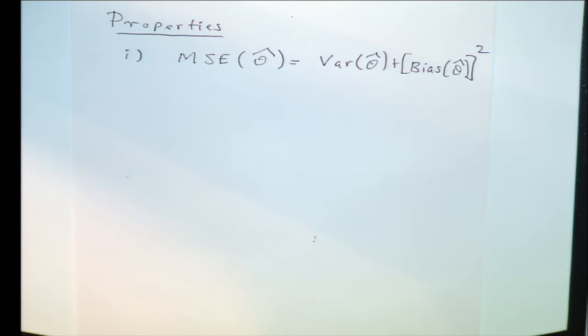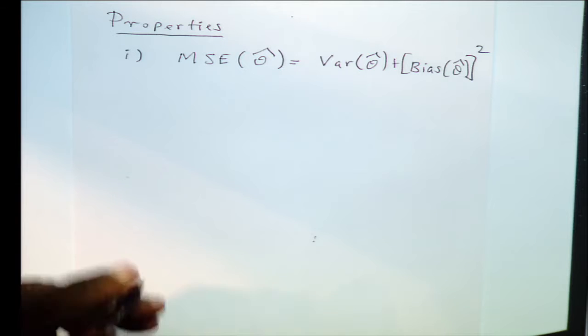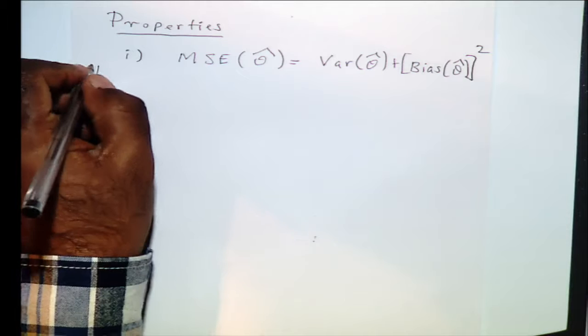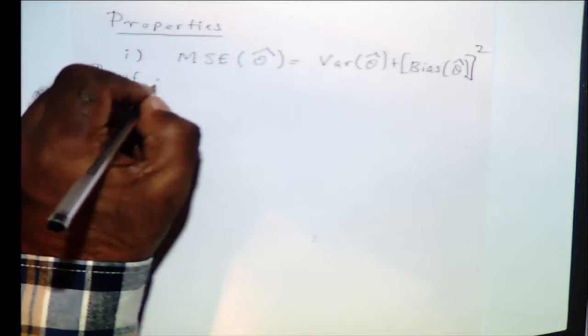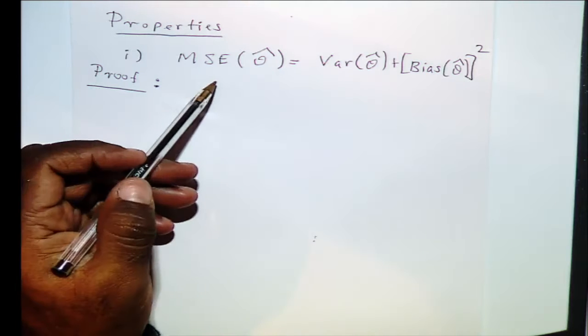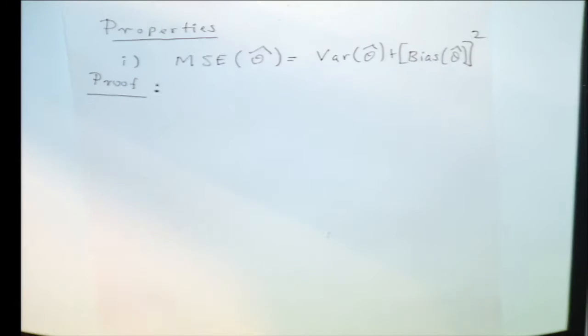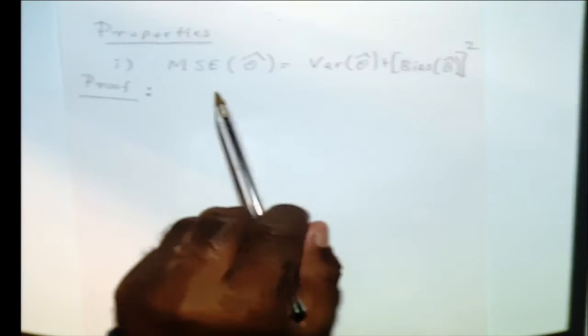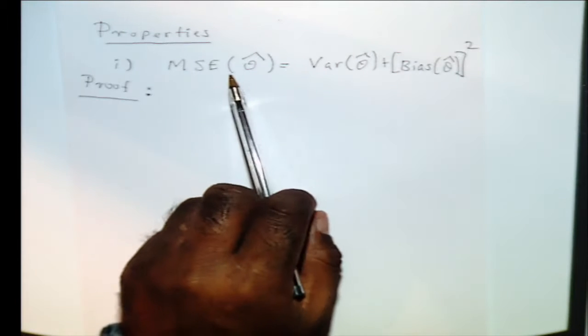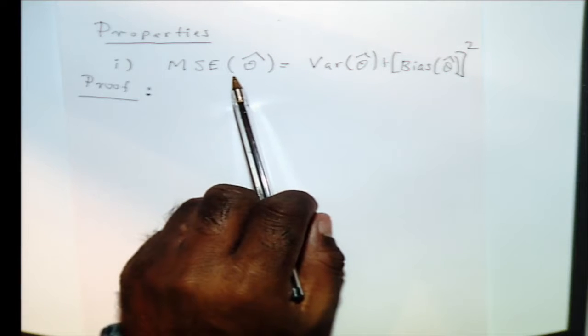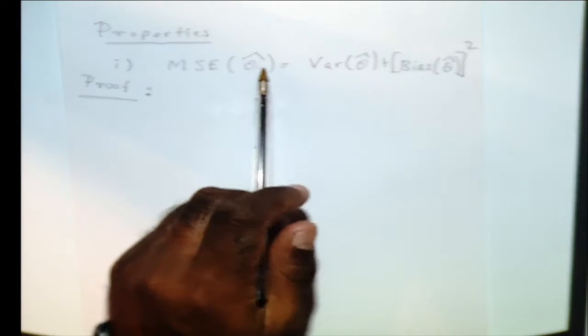So, let me pull the chair. To prove this property, you can either start from the left-hand side or the right-hand side. In this case, I prefer starting from the left-hand side because that's shorter, right? But you can start from either direction.